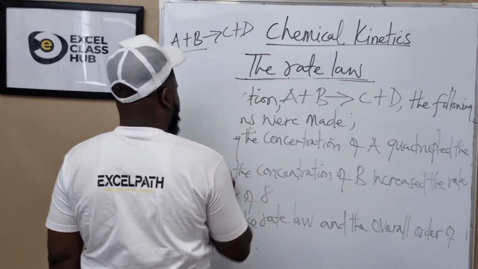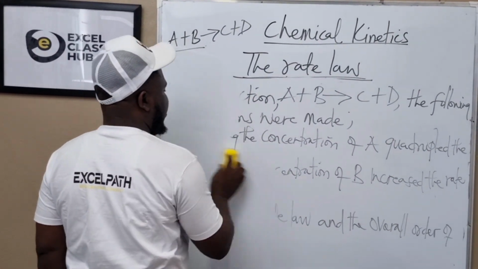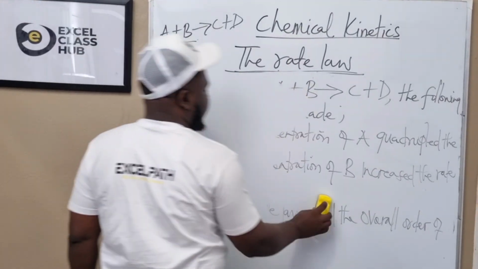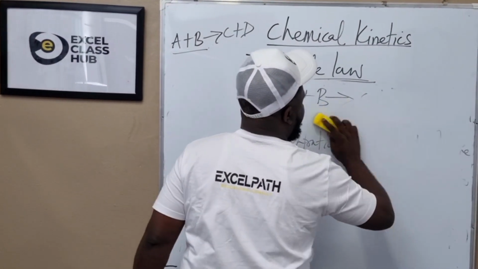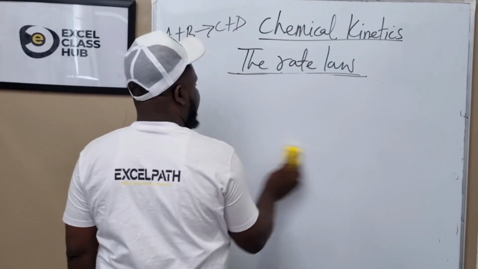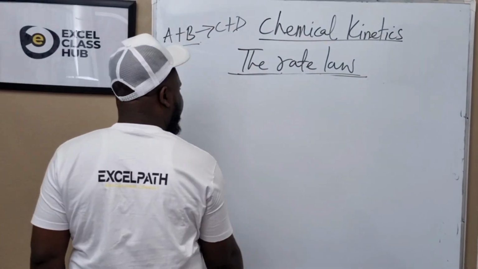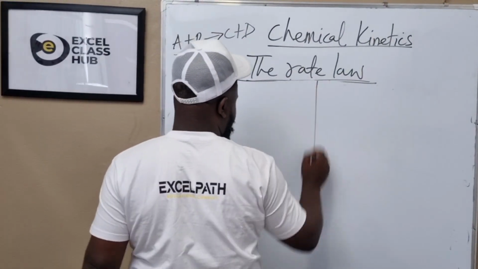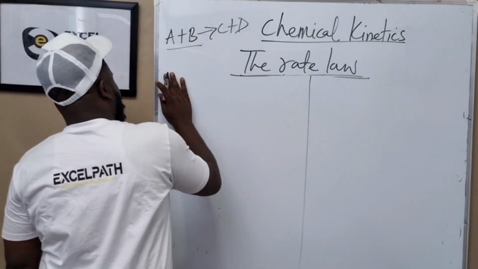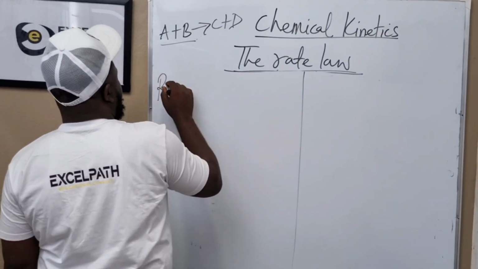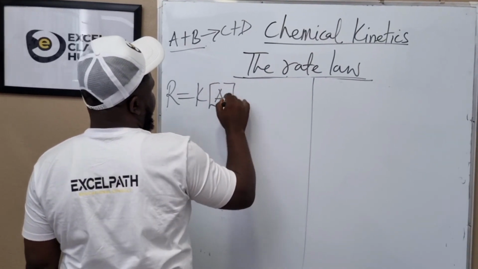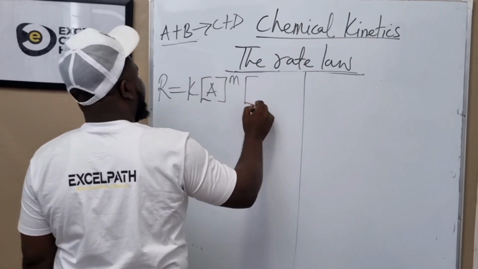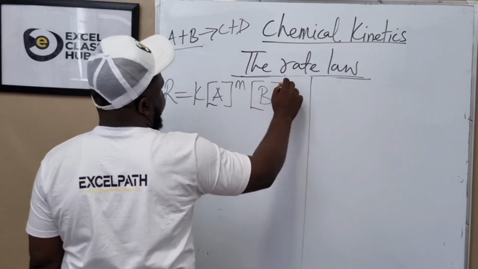First of all, we solve this kind of question by writing out our rate law expression. And what is our rate law expression again? Recall that our rate law expression is R is equal to K, concentration of A raised power M, concentration of B raised power N.